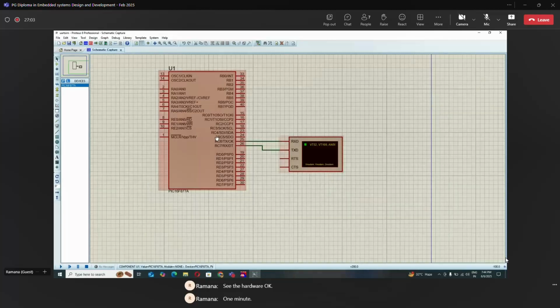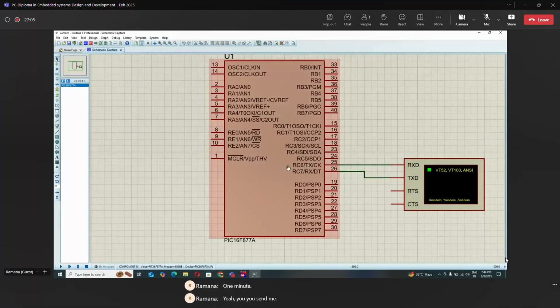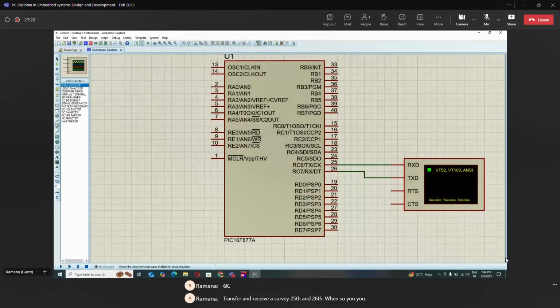Yeah, you use in the RC6. Okay. Transfer and receiver pins, 25th and 26th pin. So you have this virtual terminal. Okay. We have placed this virtual terminal here.